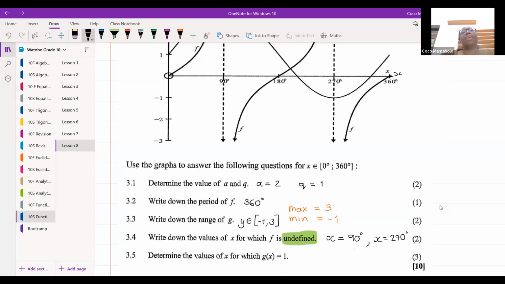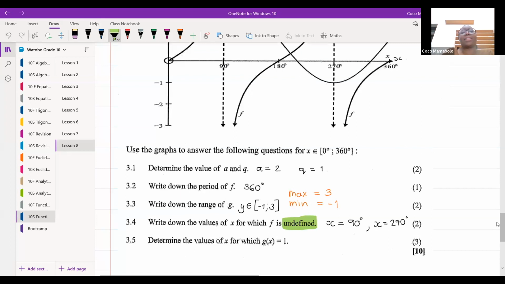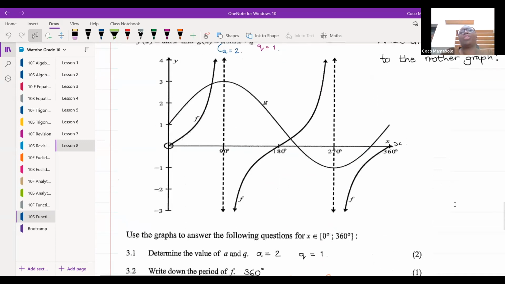Now look at the next question, guys. It says determine the values of x. So we only want x values where g of x, which is our sine graph, is equal to 1. We can read this straight off the graph. We don't even have to calculate anything, guys. Just go look at your graph.